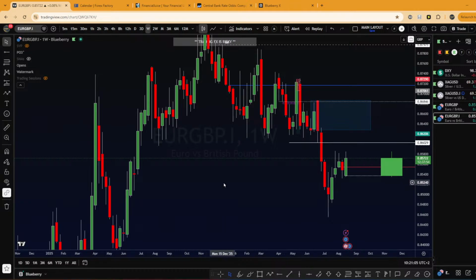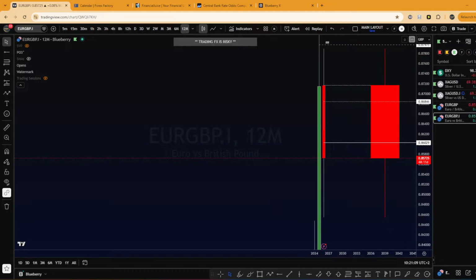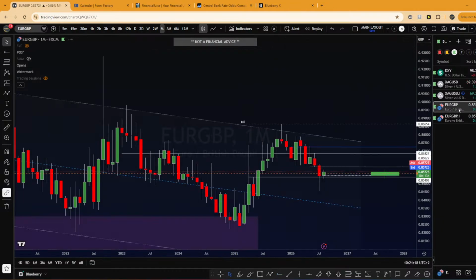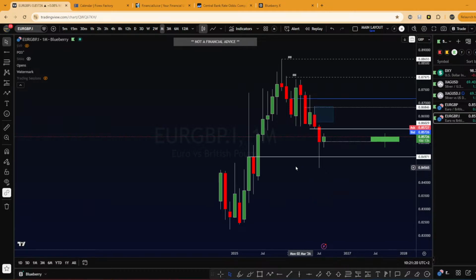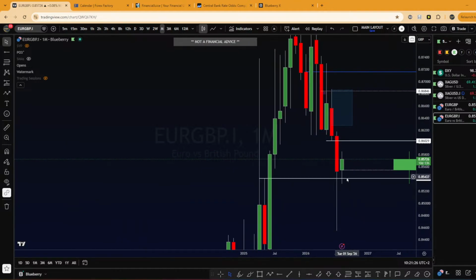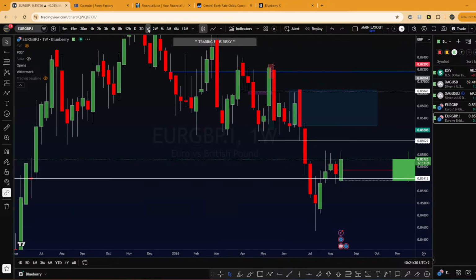So yeah, I think we tap here, even here was a nice level. We rebounced off of this, so I would not be surprised if we target this high, this level.